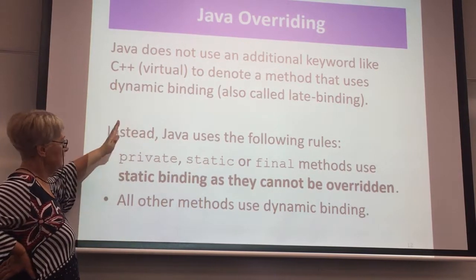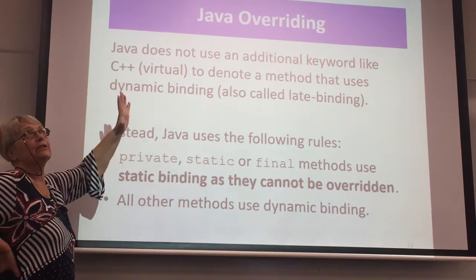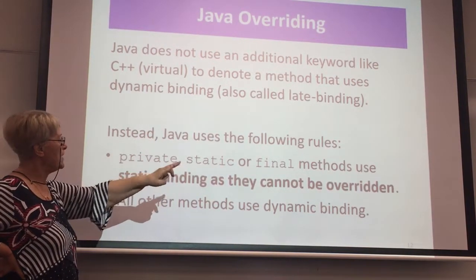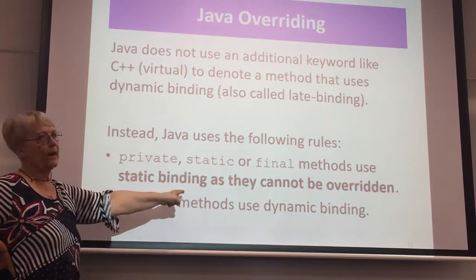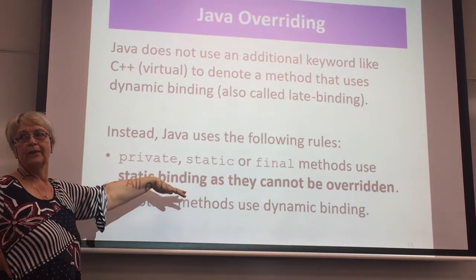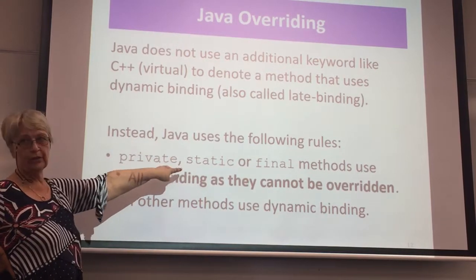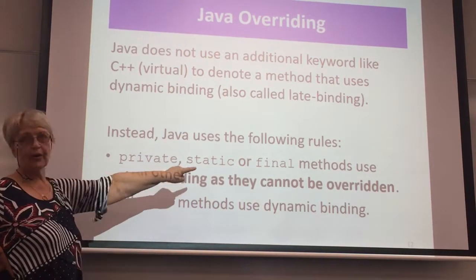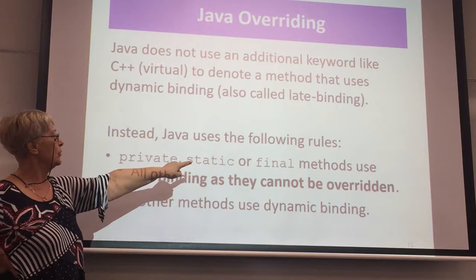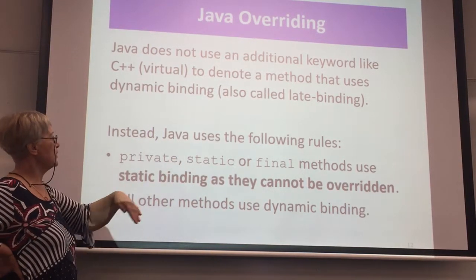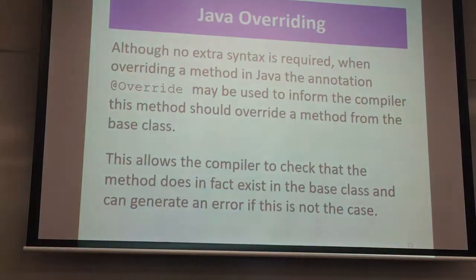And there is this one simple rule if you want. Private, static, or final methods use static binding. You can never make them dynamic. So if a method is private, associated to the class, or non-changeable in the derived classes, they are static, resolved at compilation time.